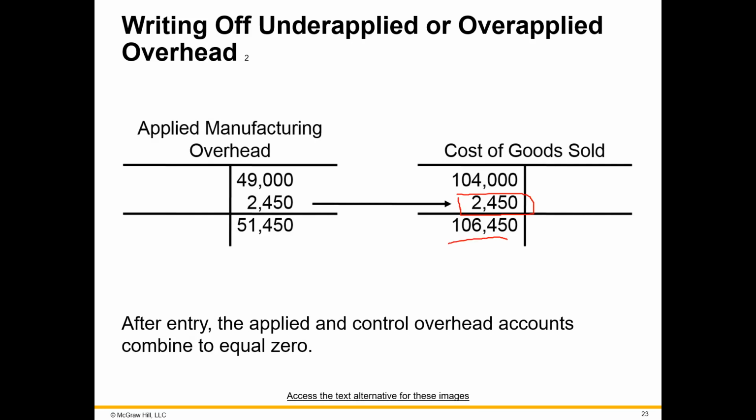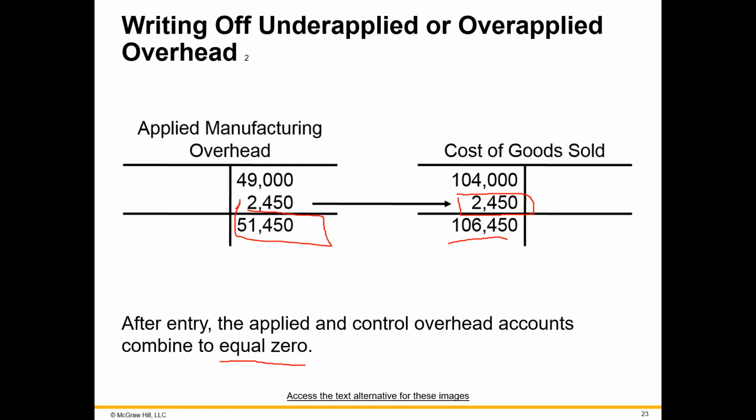So once we apply that amount, now our applied manufacturing overhead adds up to $51,450, which is the same as the control account from the prior slide. So now both accounts combine to equal zero. So again, one way to handle the underapplied manufacturing overhead account is to increase cost of goods sold.